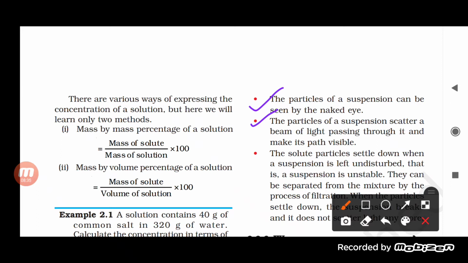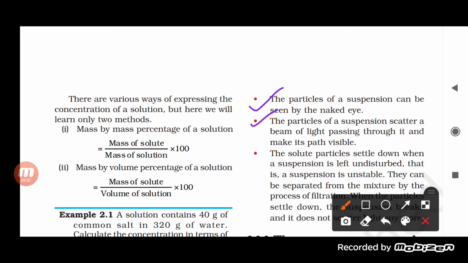If we take an example of milk or blood, obviously the blood or the milk will not settle down. These consist of different particles, but they will not settle down as it is. But if we talk about sand and water, or chalk powder in water, we will find that after a few intervals of time, the particles easily settle down. So settling of the particles takes place in case of a suspension.